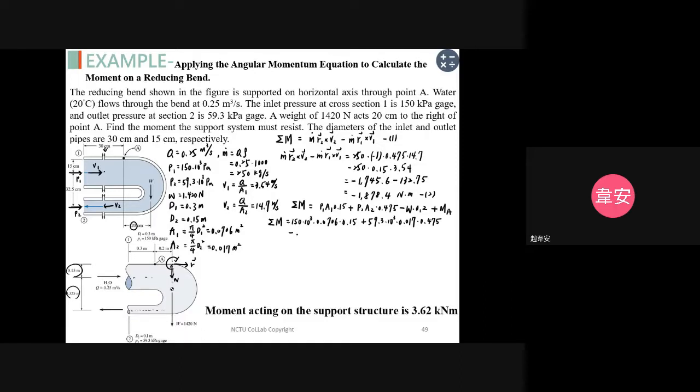The weight is 1420 newtons, multiplied by the 0.2 force arm, and finally plus the moment acting on the rotation axis along the point A.